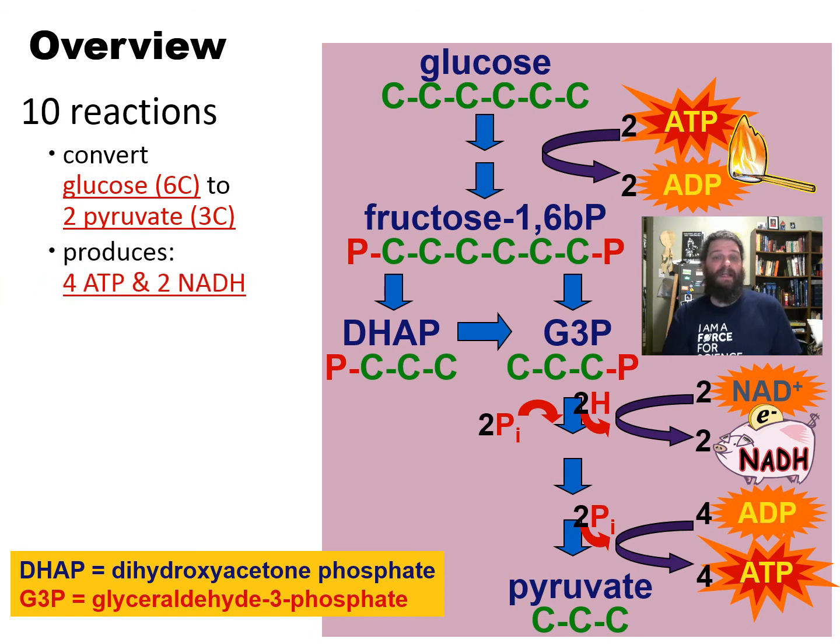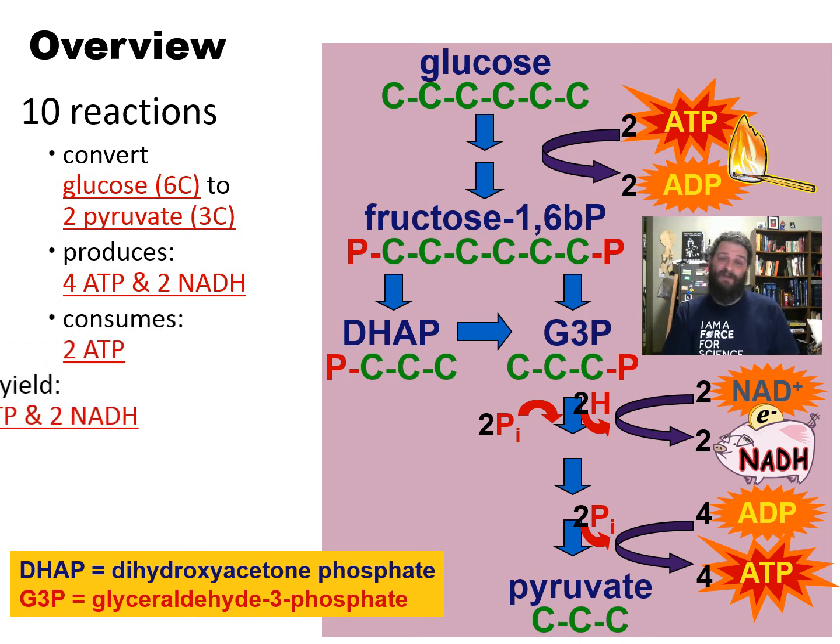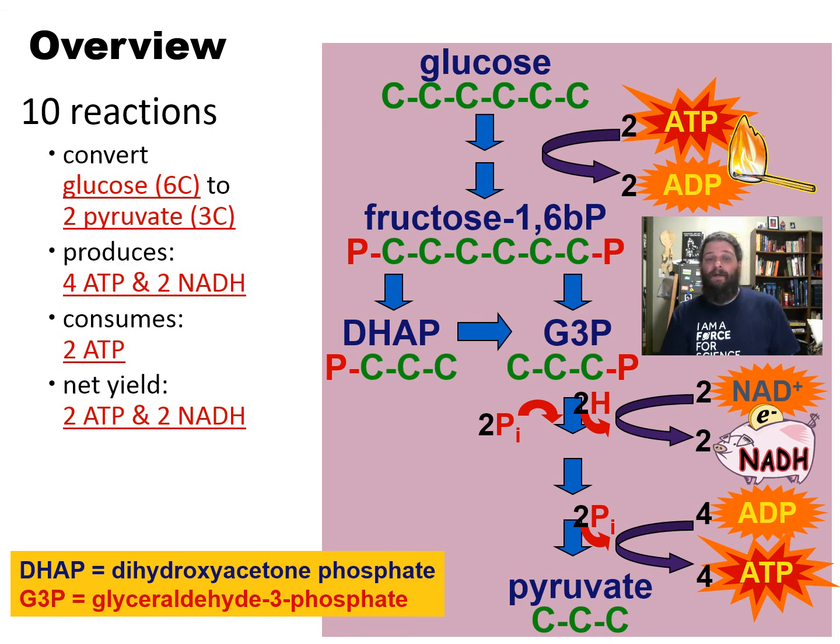So again, even though it produces the 4 ATP and the 2 NADHs, which are going to be important later on, it does consume the 2 ATP molecules. But even with that consumption, you gotta give something to get something. It does yield a net of 2 ATPs and 2 NADHs.